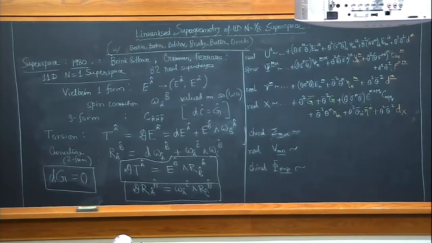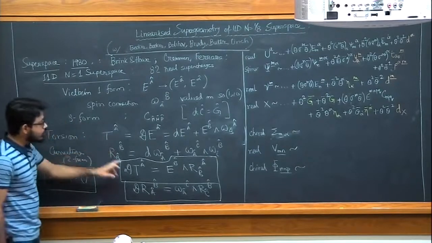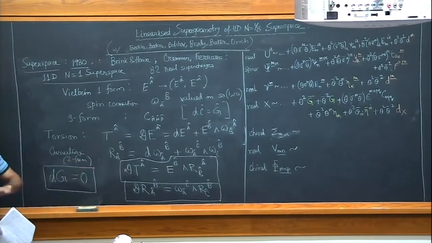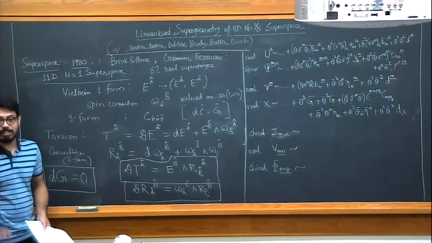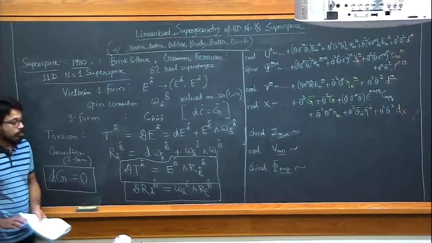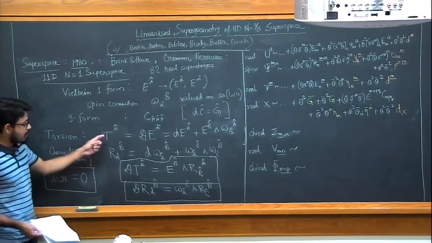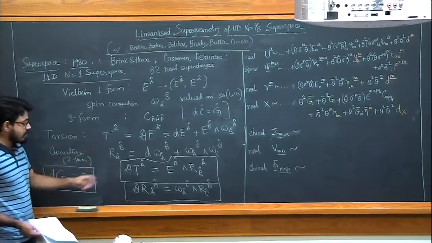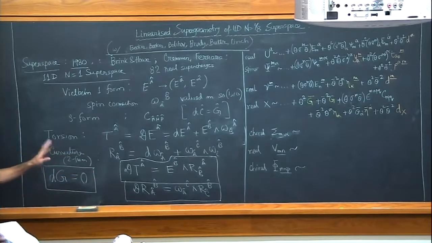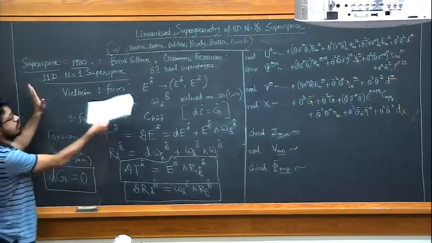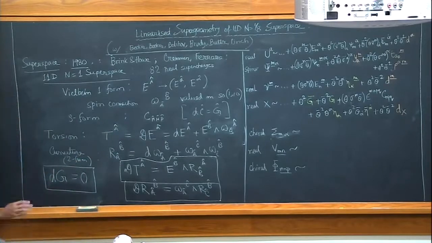What Brink and Howe did, for instance, was to make an assumption that all of these superform superfields do not have at any theta level any spurious fields other than the degrees of freedom of 11-dimensional supergravity. Any component field of the superfields that we have for torsion and curvature and so on must have only the physical spectrum fields of 11D supergravity and nothing else.